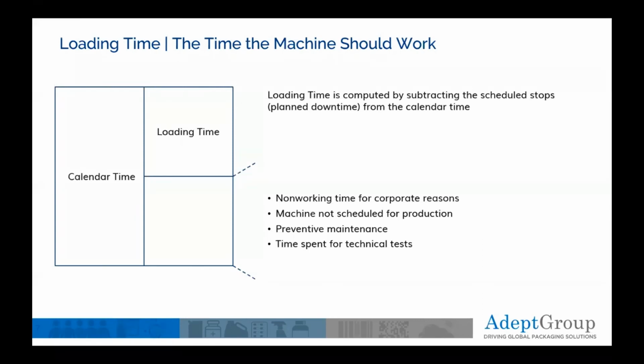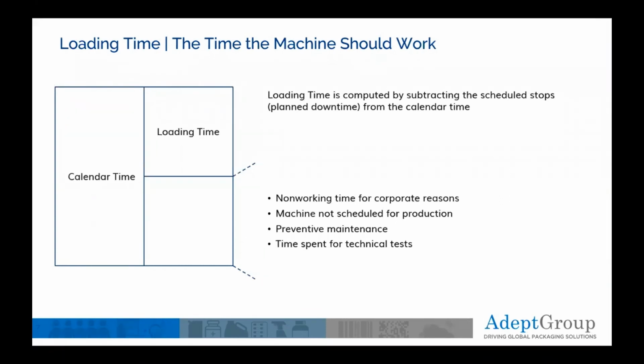Or if you are doing preventive maintenance, or if you are spending time for technical tests. For example, in pharma, this is very common for qualification of the machine when you are installing a new equipment. Just keep in mind that preventive maintenance and technical tests can be considered out of the loading time only if your loading time is lower than the calendar time.